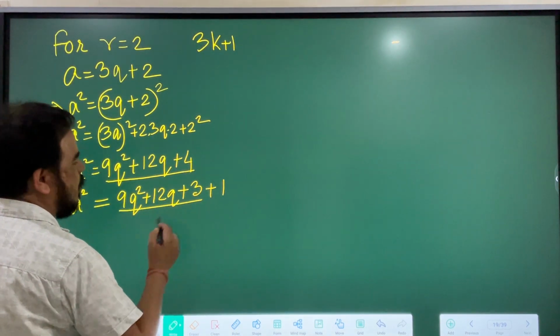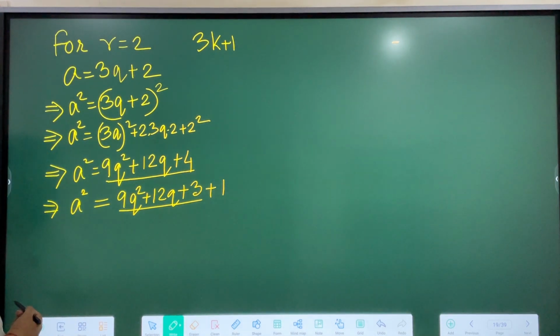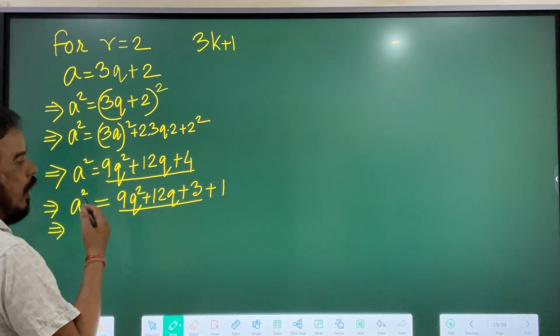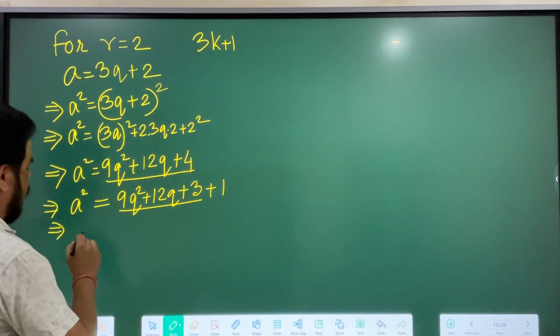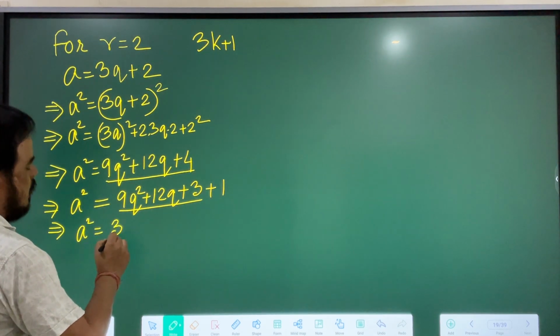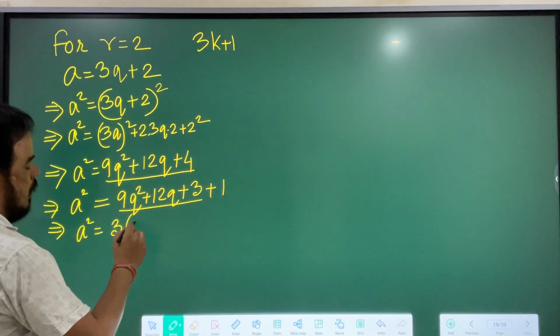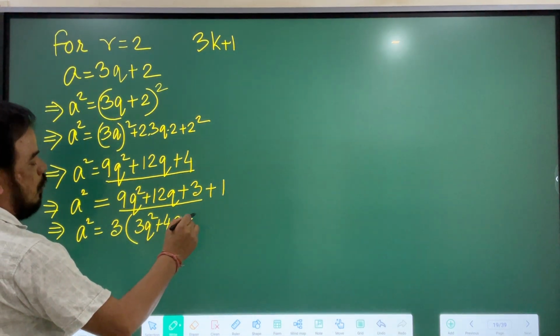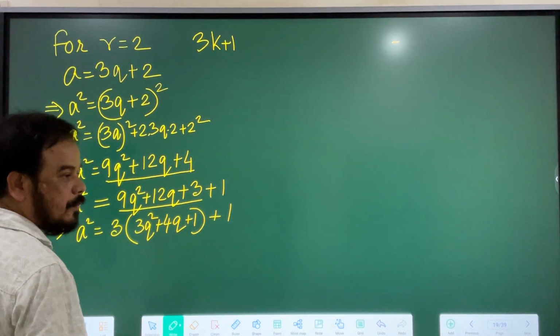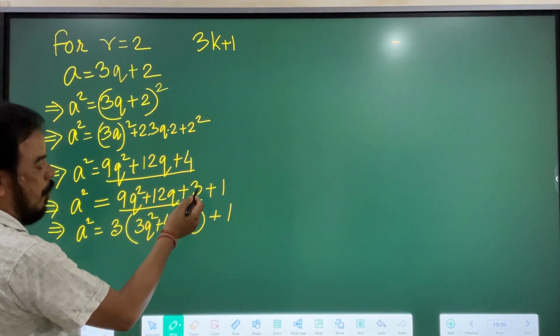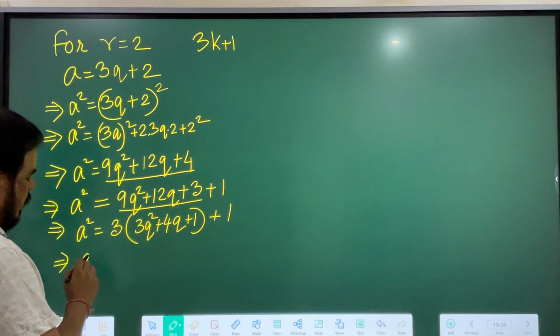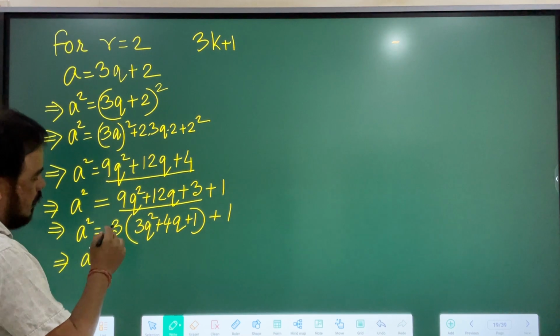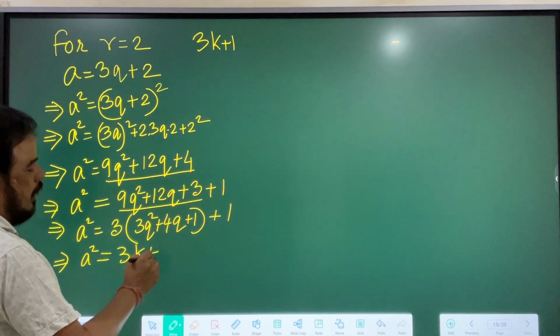Now, let us see whether we can take 3 common from here. Why 3 common? Because we need 3k plus 1. For a square, we will just take 3 common, nothing else: 3q square plus 4q plus 1, plus 1. 3 is taken common. Now you don't have to think much here: 3 then k plus 1.